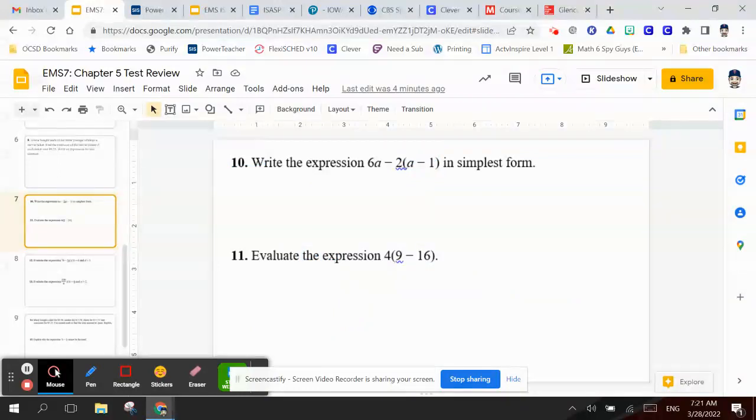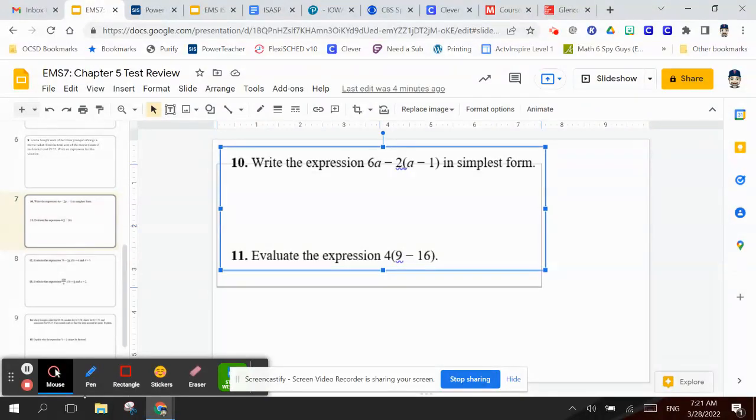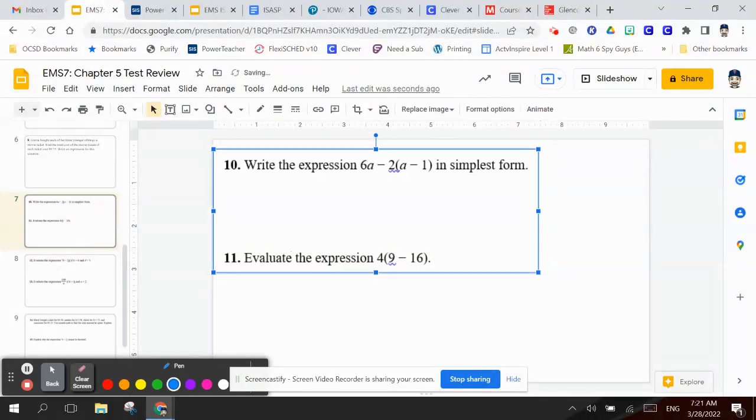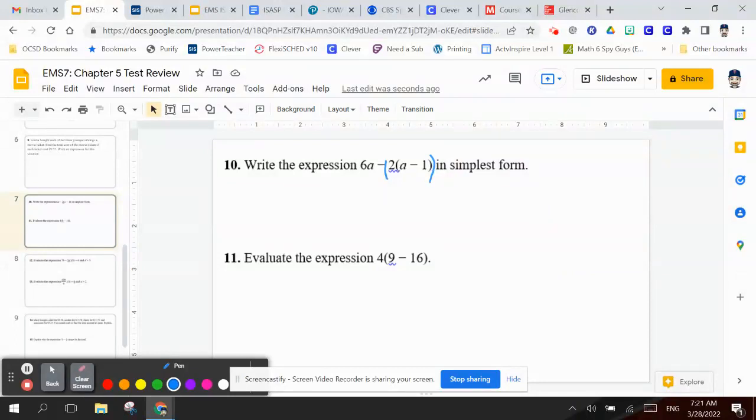Number 10 says write the expression 6a minus the quantity 2 times a minus 1 in simplest form. So again, I want to take this part here and use my distributive property to do that.